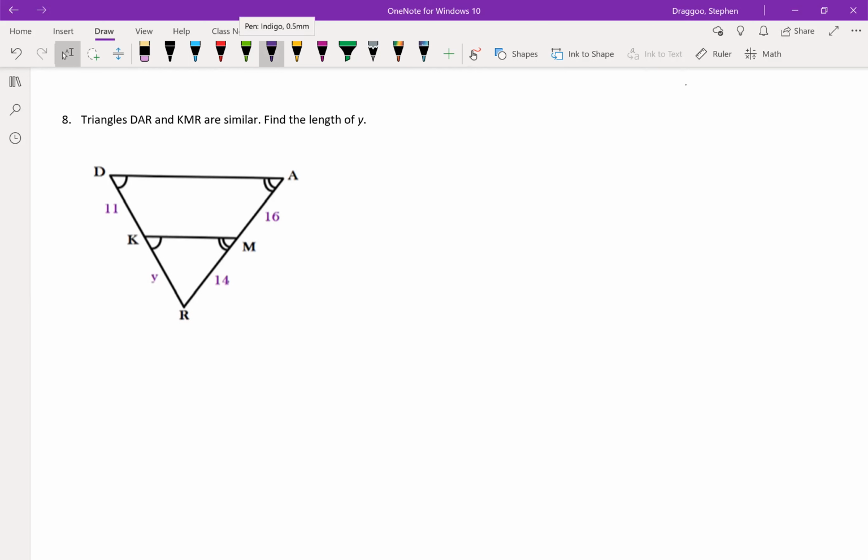Since the actual side lengths I'm going to be interested in for the large triangle DAR are going to be the ones that I'll label in green. So from D all the way to R actually has a value of Y plus 11 as opposed to just 11. Also, that distance from A to R has a value of 30 rather than 16. So I'm going to be a little careful with how I set that up.